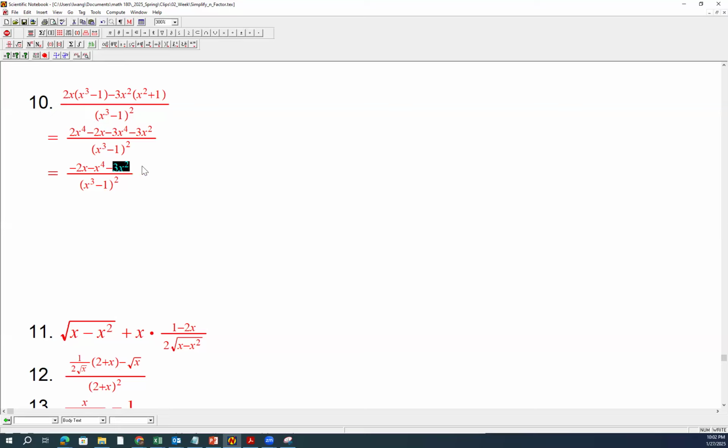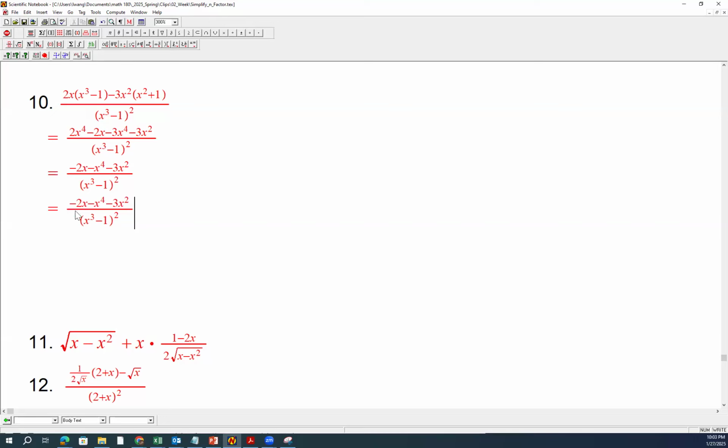So everything on the top is negative. So in this case, you know what I would do? I will take out the negative sign and put it in the front.